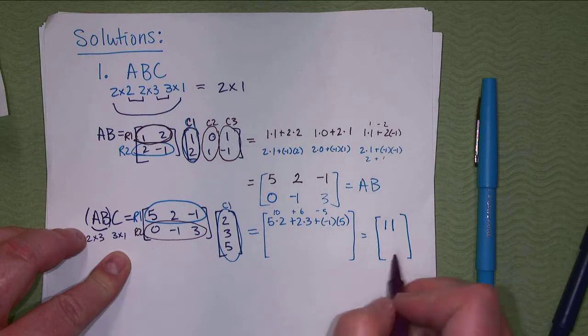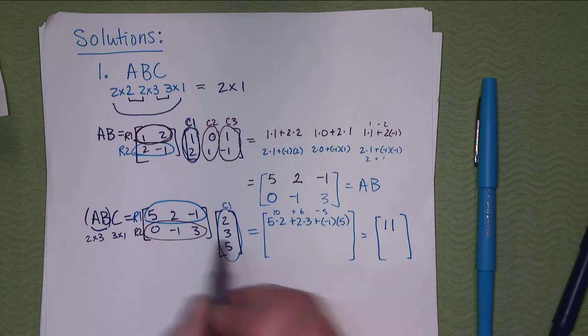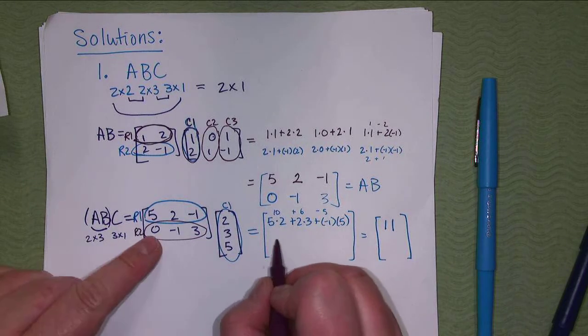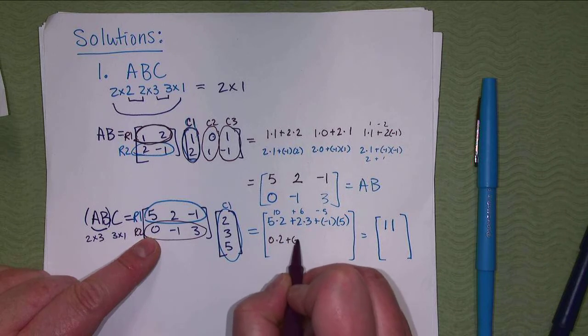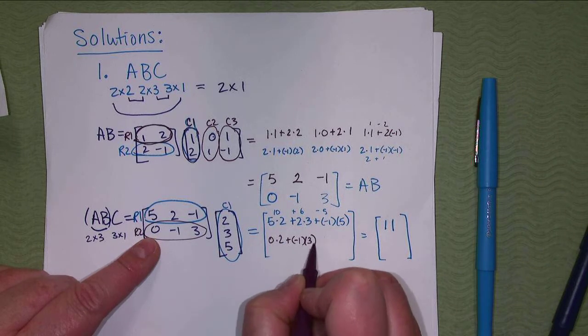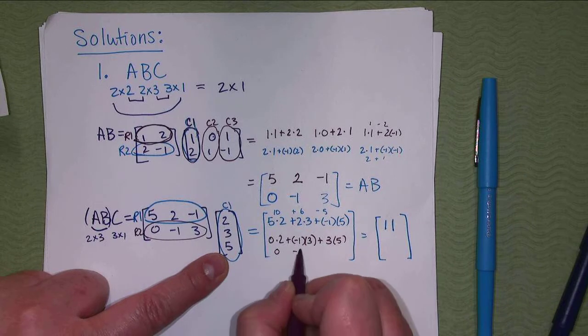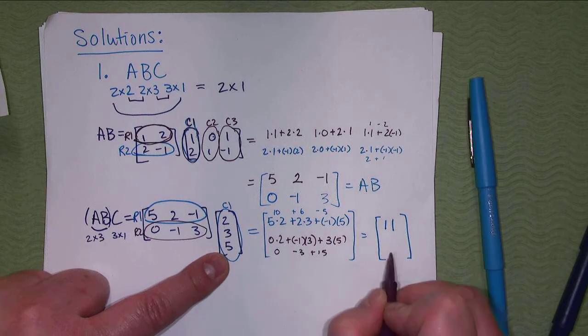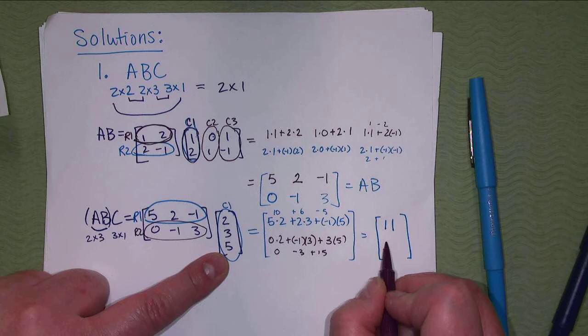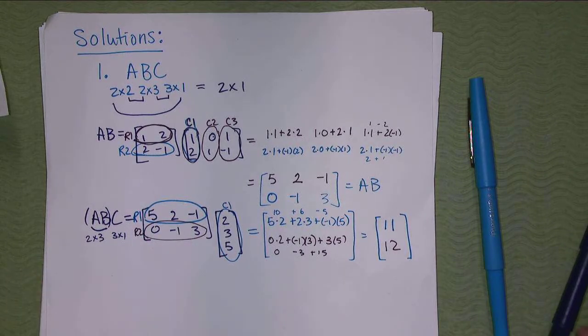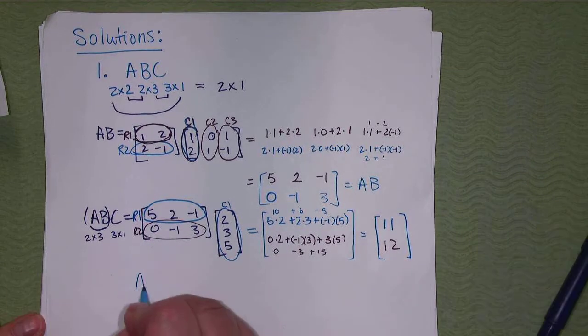So row 2 with column 1: 3 times 5. So that's 0 minus 3 plus 15, so 12. And that would be your answer. So A times B times C is equal to 11, 12.